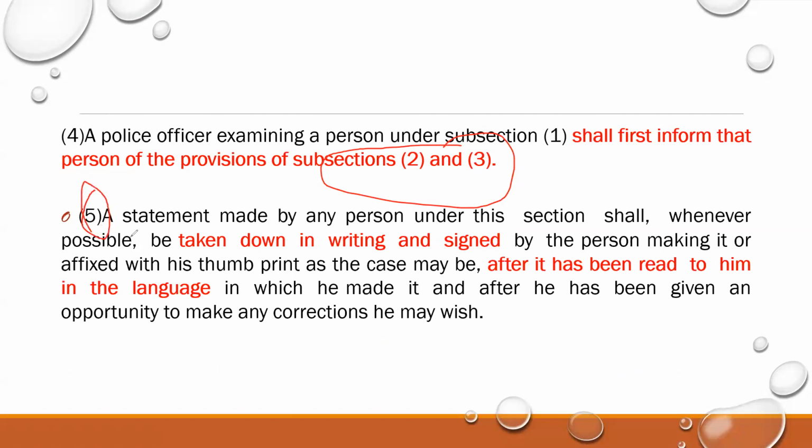And subsection 5: the statement, after it is reduced into writing, shall be signed by the person, and if the person cannot sign, give a thumbprint. Usually police nowadays are very smart.